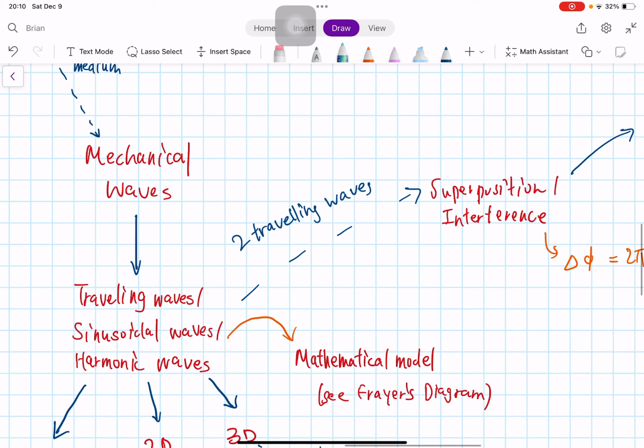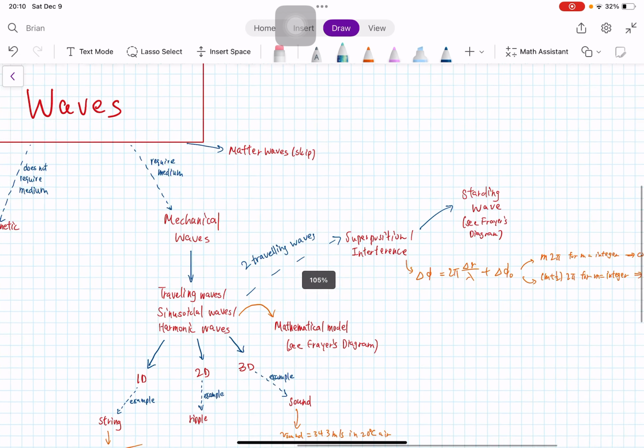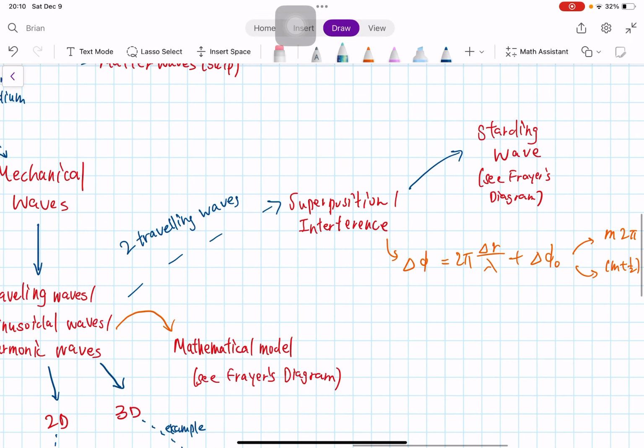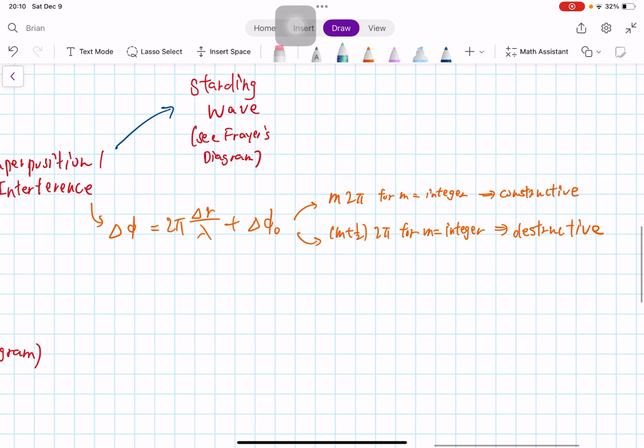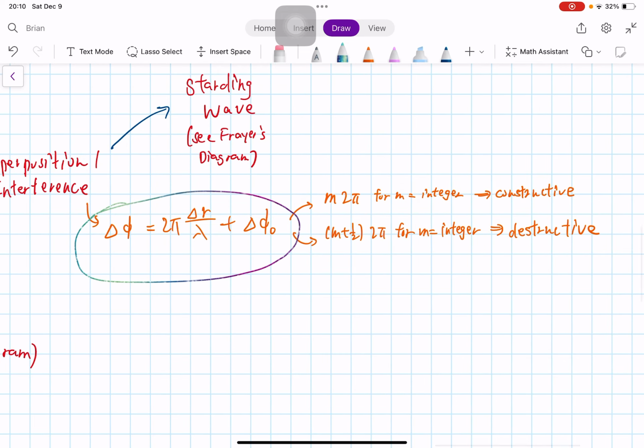When there are two traveling waves, there would be a superposition, or what we call interference. There could be constructive interference and destructive interference, and it is governed by this equation. To determine whether it is constructive or destructive interference, we have to take in two factors.